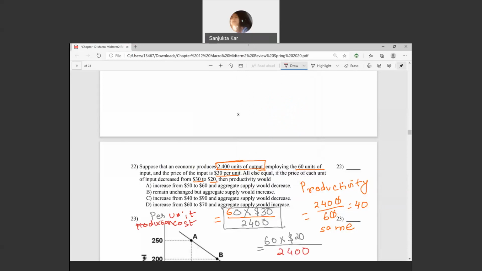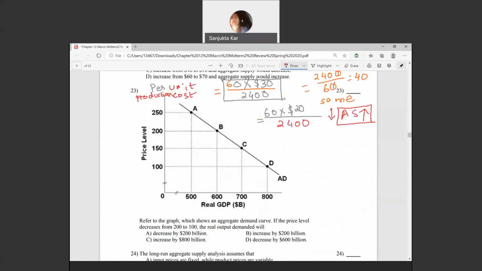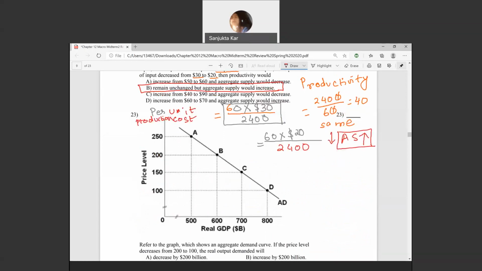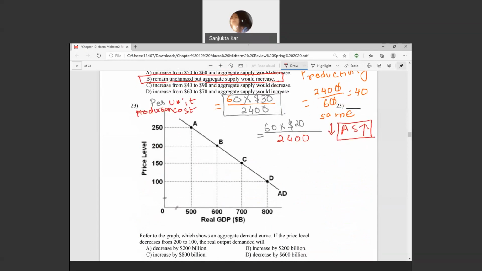And as this is going down, the aggregate supply curve will shift to the right, or is going to increase. So your answer is this one. The productivity stays the same, but aggregate supply will definitely go up. This really helps when you take a look at the formulas and do these problems.